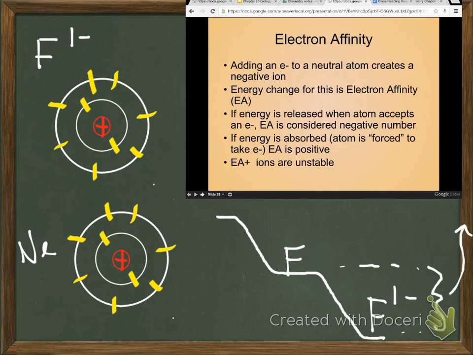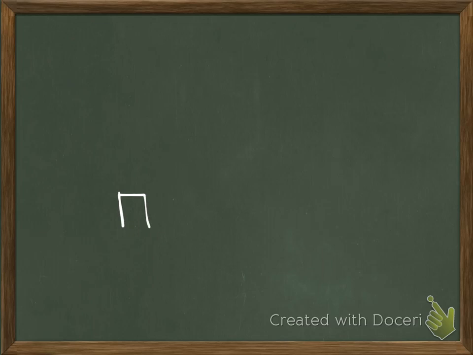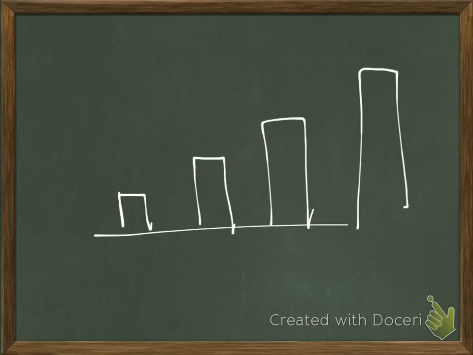You've probably seen this concept with phase changes in physical science. When I taught physical science, I used to always draw this. I'll actually go to a new slide and show you. We would draw solid, liquid, gas, plasma. And this is energy.